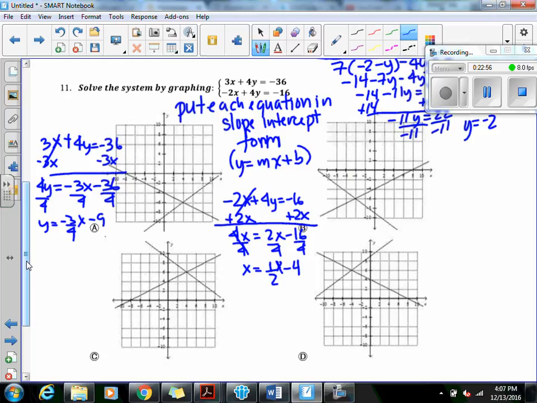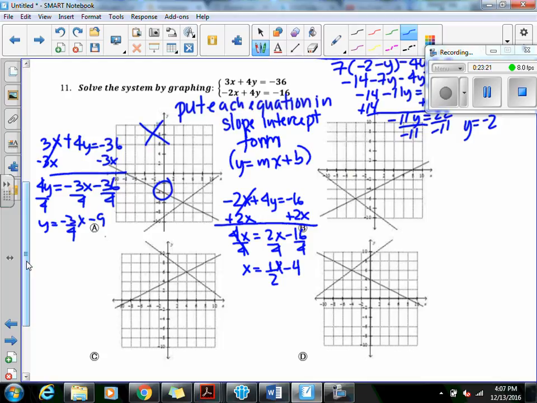So I know that I have a y-intercept of negative 9 for one of my equations. And also for the other equation, I have a y-intercept of negative 4. So I've got my negative 4 here, 5, 6, 7. So I don't have negative 9, so it can't be this one.